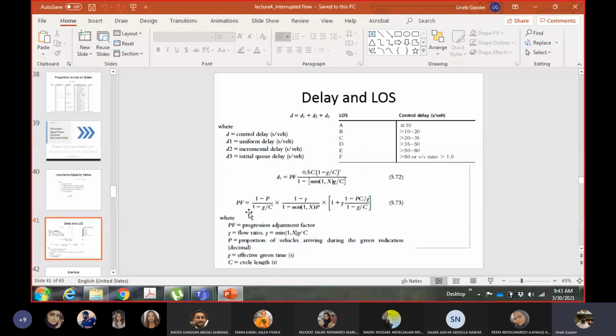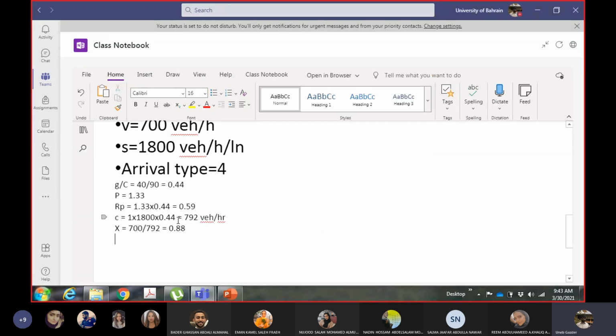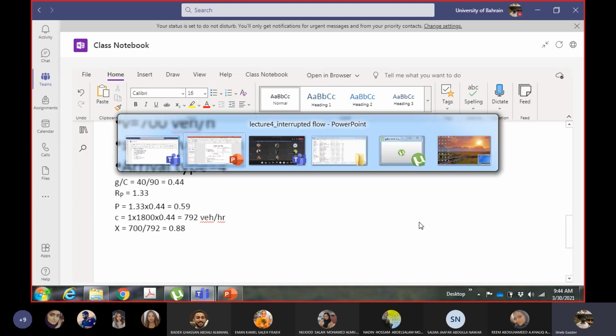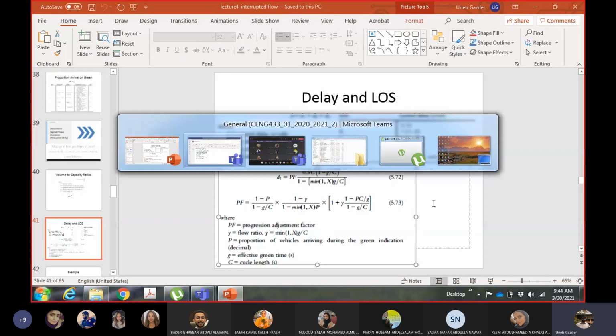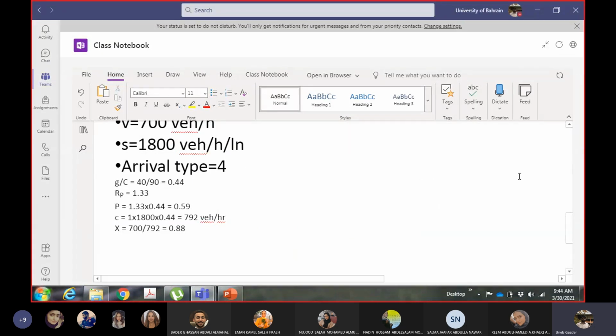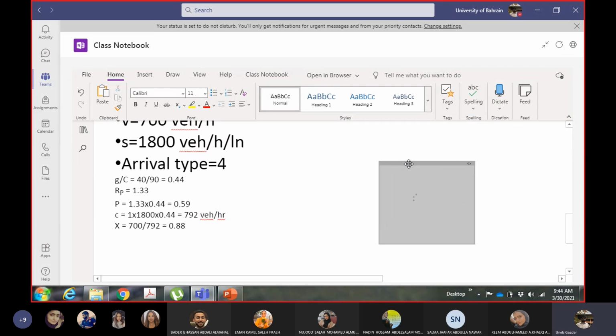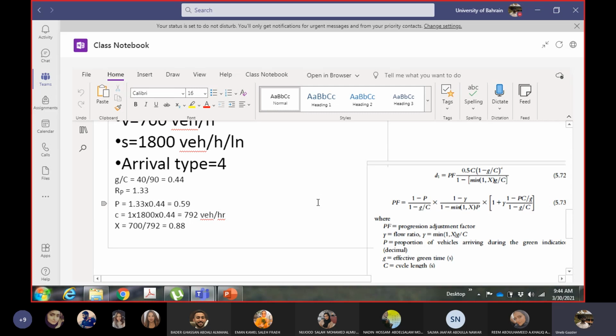Okay, control delay. First of all, I need to calculate the progression factor. The P value is calculated here as 0.59, and like we calculated, G by C ratio is 0.44.